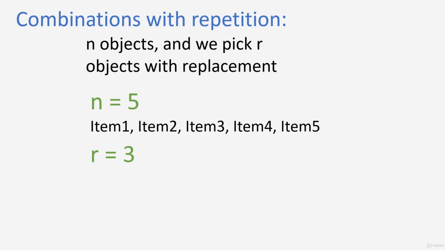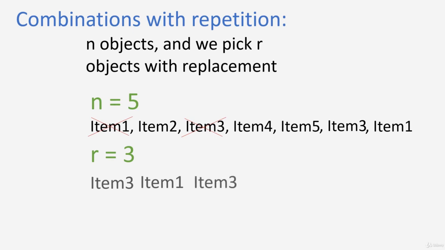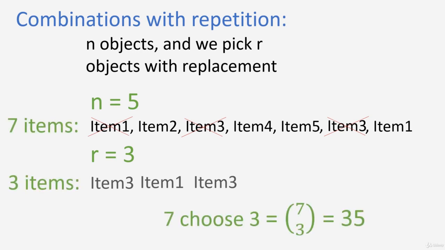So if I pick 3 as a first element, I will cross it right here, and then I add it to the end. Then I can pick, for example, 1, so I will cross it in here and add it to the end. And then I can pick 3 again, so I will cross it in here, and then I will add 3 again. And I'm done. I have my 3 elements. So we are actually doing 7 choose 3. And you already know how to compute this, so it will be 35.